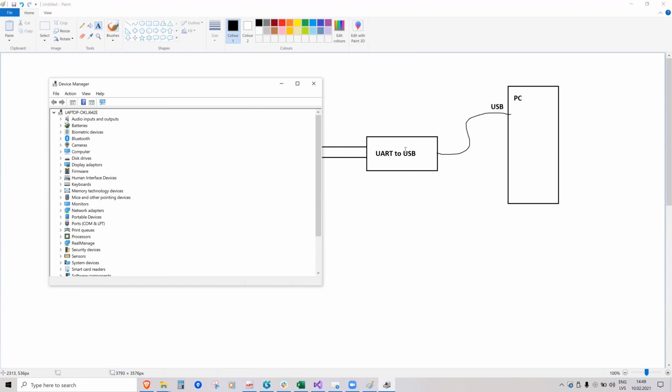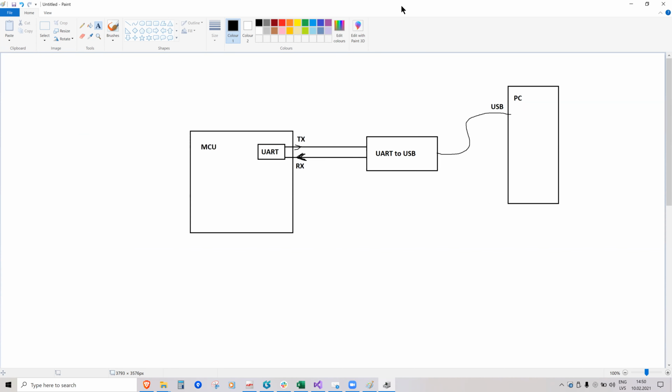For example, in my computer, I have right now plugged in the development kit, and under ports, it will be this COM port number 56. So this is actually not a real UART port, it's a USB to UART converter, but Windows shows it like it's just a UART output port.